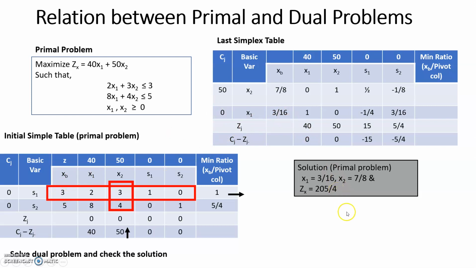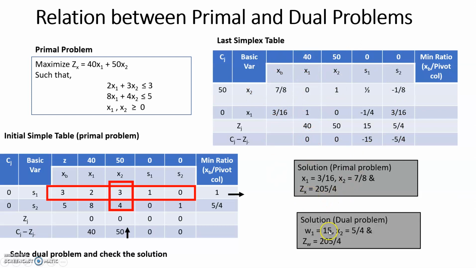Now the solution of the dual can be achieved without translating this into a dual problem and solving it again. We can get the answer from this matrix also. What we do for this, for the second solution, that is the dual problem solution, suppose we express this in the w variable.